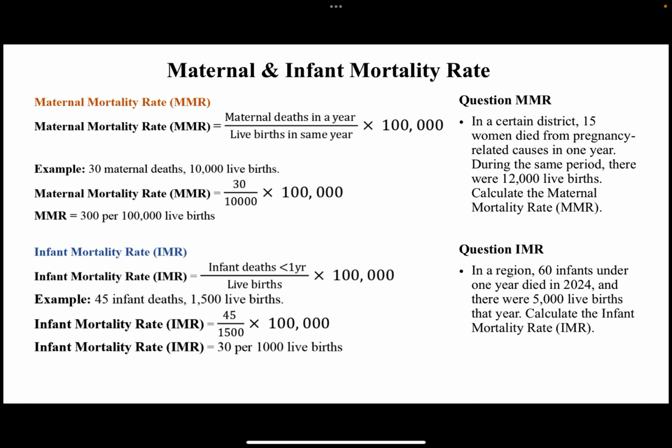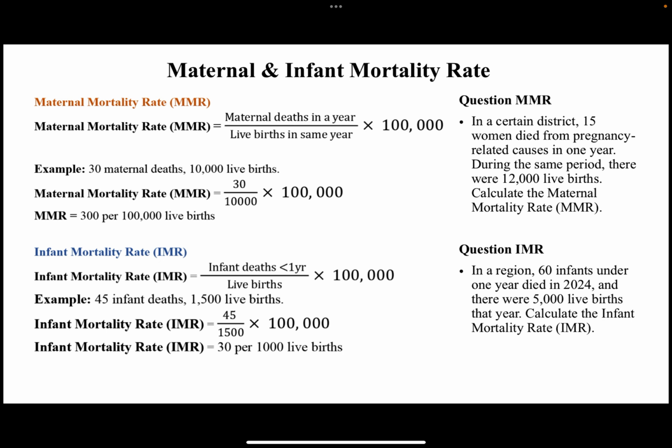One clue you always have to remember: if you are dealing with mortality rate, you always multiply by 100,000.